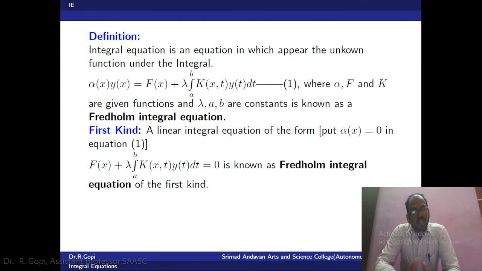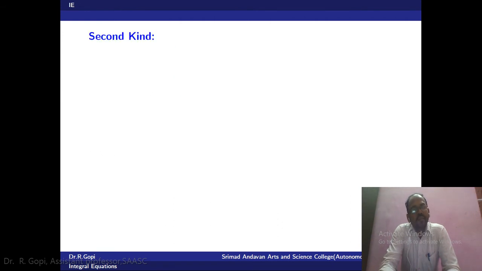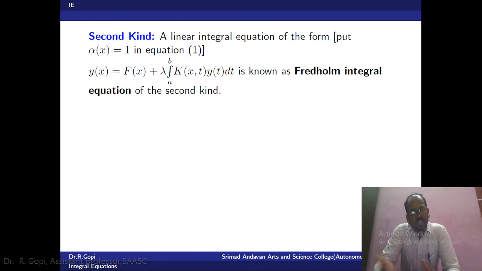So what is the difference between first kind and second kind? Second kind is nothing but alpha of x equal to 1 in equation 1, then the equation is called the Fredholm integral equation of the second kind.